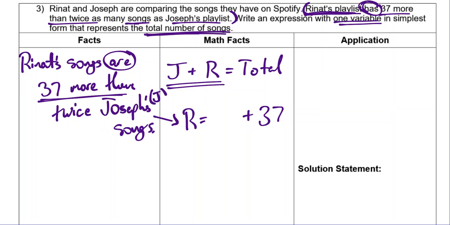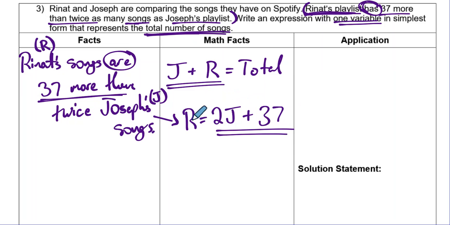Joseph's songs I'm labeling as J, Renat's I'm labeling as R. This is 37 more than twice, 2 times Joseph's songs. So really here I've written an expression that represents Renat's number of songs in terms of Joseph's number of songs. Twice Joseph's plus 37 is the same thing as Renat's.